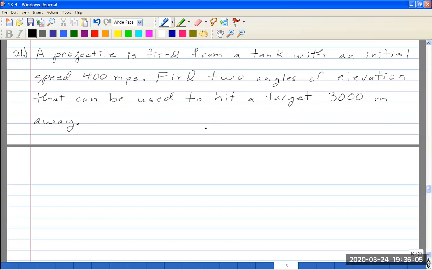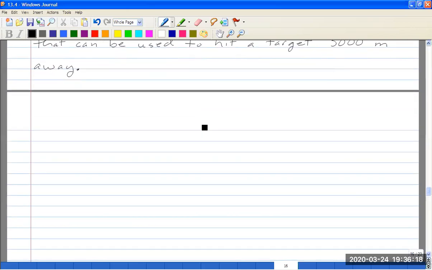So you're shooting, and so recall that x is equal to v0 cosine theta t, y is equal to v0 sine alpha t minus 1/2 gt squared.